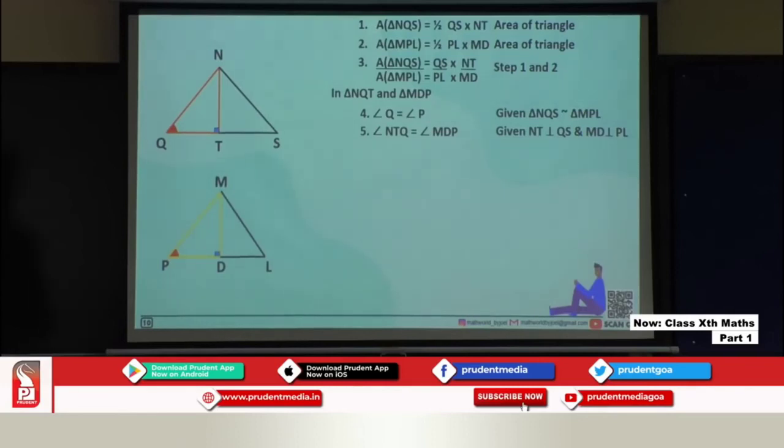NT is perpendicular to QS and MD is perpendicular to PL. Okay. Now based on these two steps, the fourth one and the fifth one, where two angles of one triangle are equal to two angles of the other triangle, I can say that triangle NTQ is similar to triangle MDP by AA similarity test.